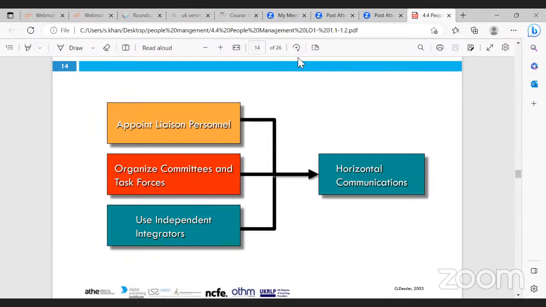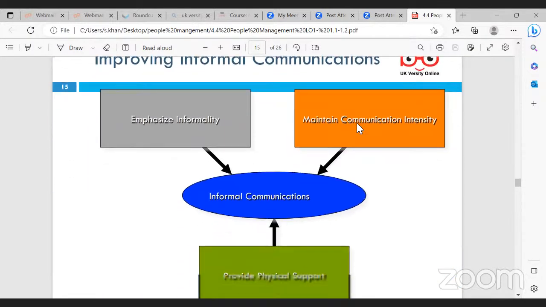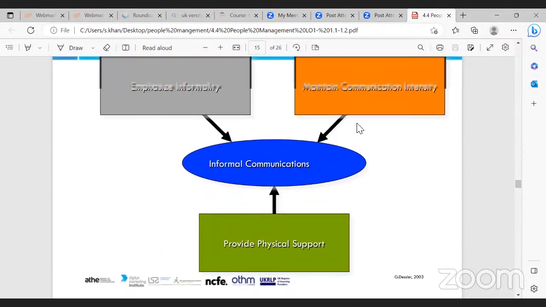Then improving informal communications. Here we will emphasize informality, maintain communication intensity, and provide physical support. So we will provide the support for people to move forward and to get things better.